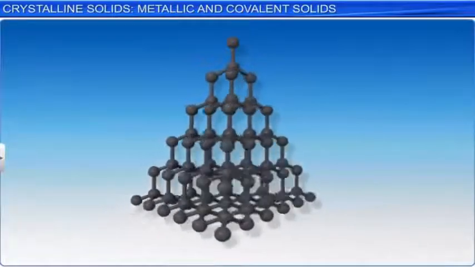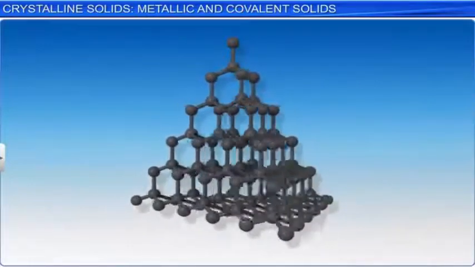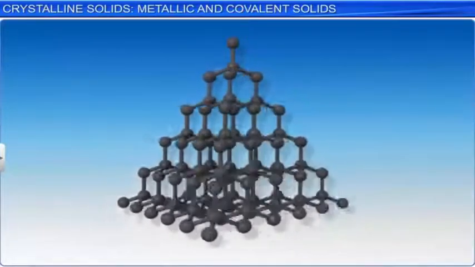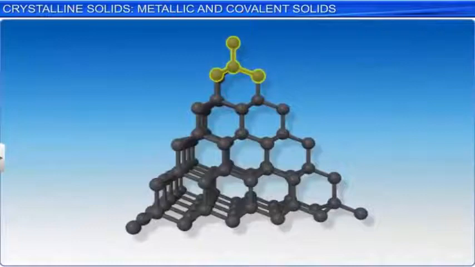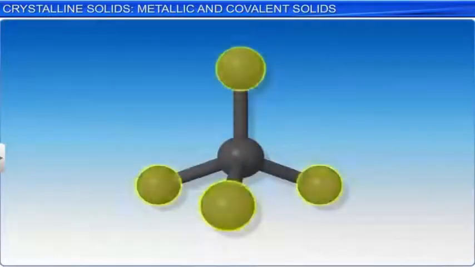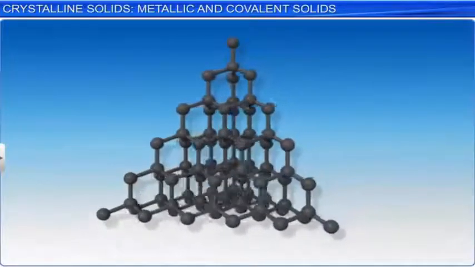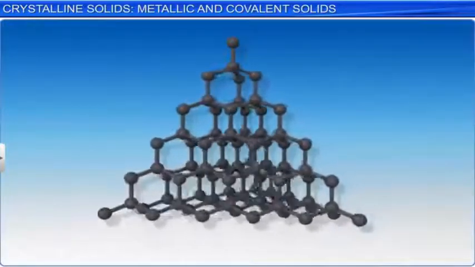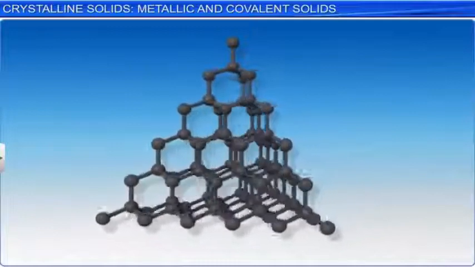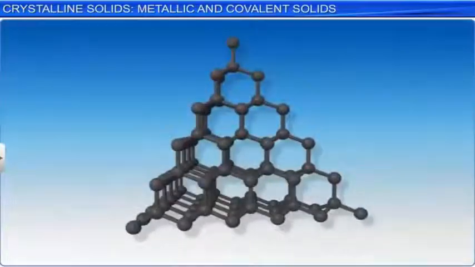In diamond, each carbon atom is bonded tetrahedrally to 4 other carbon atoms. Thus, a regular tetrahedral arrangement of carbon atoms bonded to one another in a 3-dimensional manner forms a network, resulting in a rigid giant molecule.